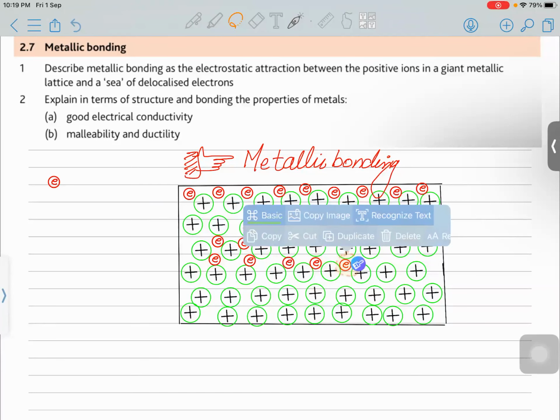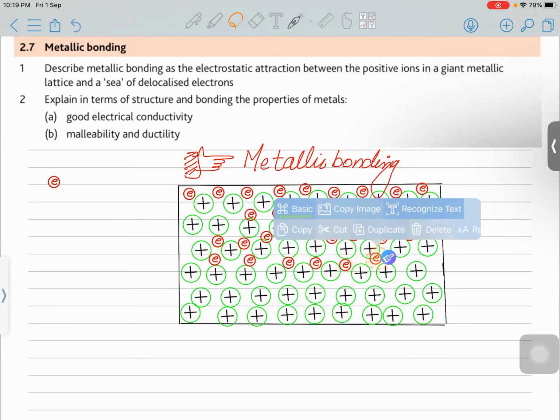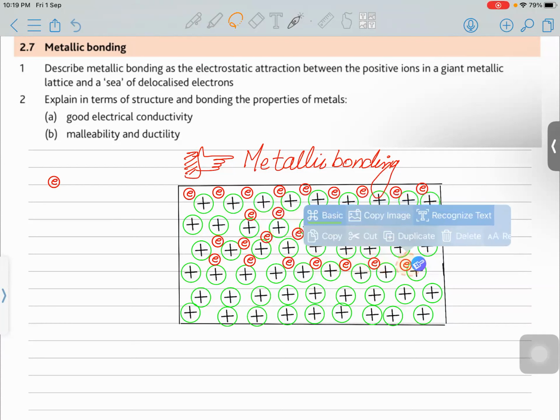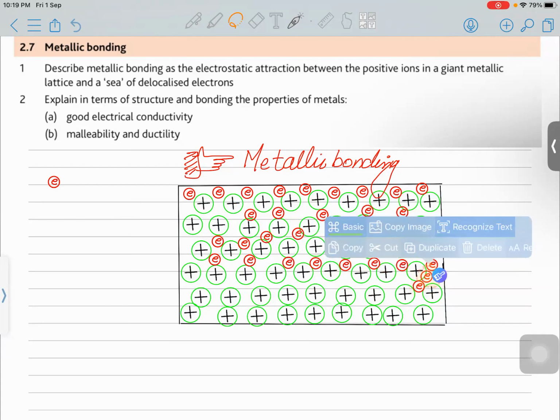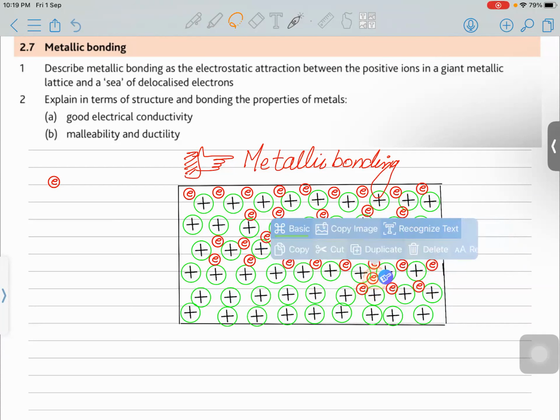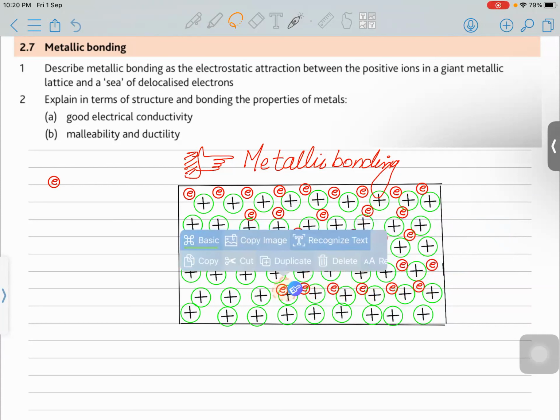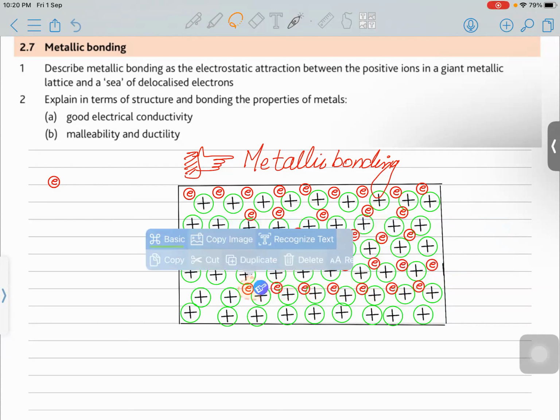Again, it is attraction between the oppositely charged ions. That is why it is known as electrostatic force of attraction. Very good. So you can see that electrons are removed and positive charges are developed on the metal nuclei.